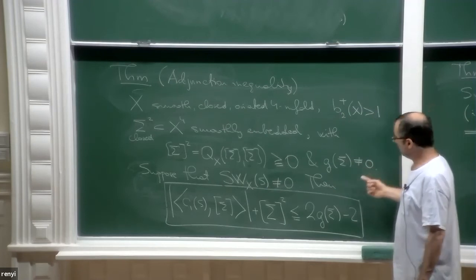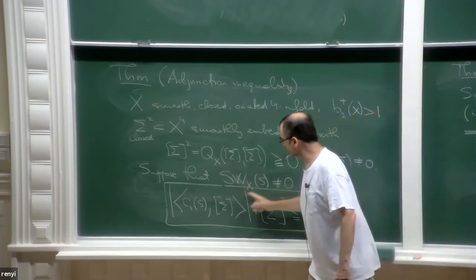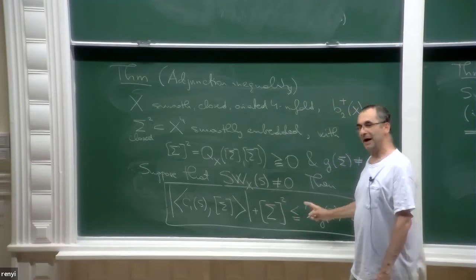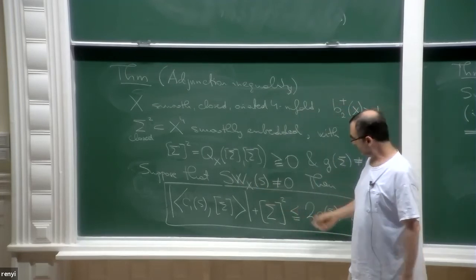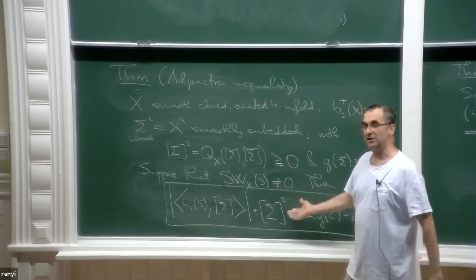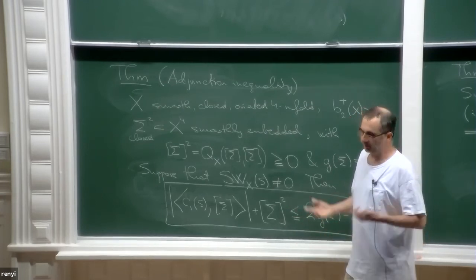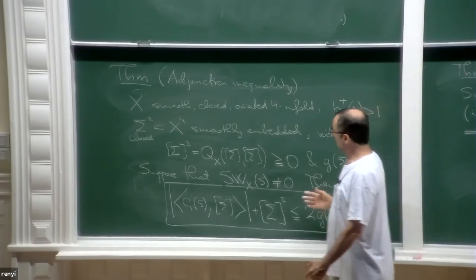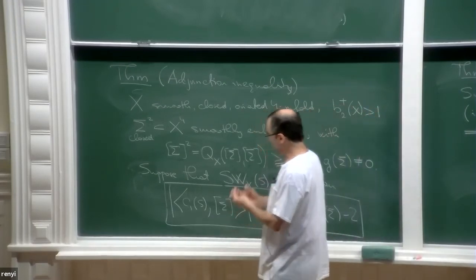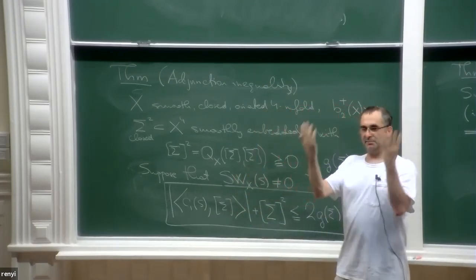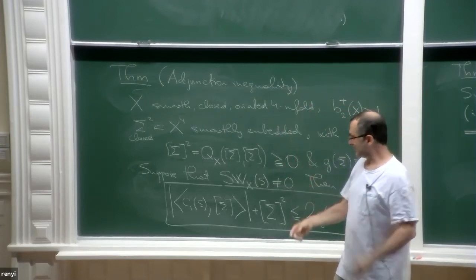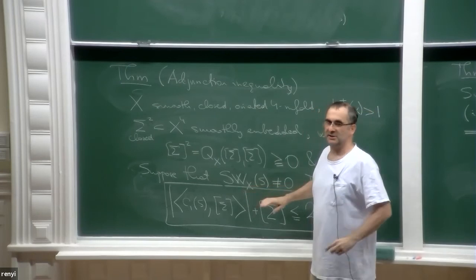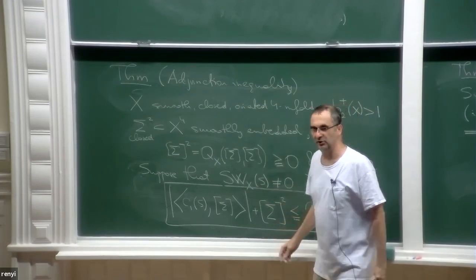And this Seiberg-Witten function gives a way to bound that under favorable circumstances. And you know, Seiberg-Witten theory is like magic. Sometimes it works, and sometimes it doesn't. For a 4-manifold which is a connected sum of two pieces, both with b2 plus bigger than 0, the Seiberg-Witten function of X is constant 0, and you don't get anything out of this theorem.